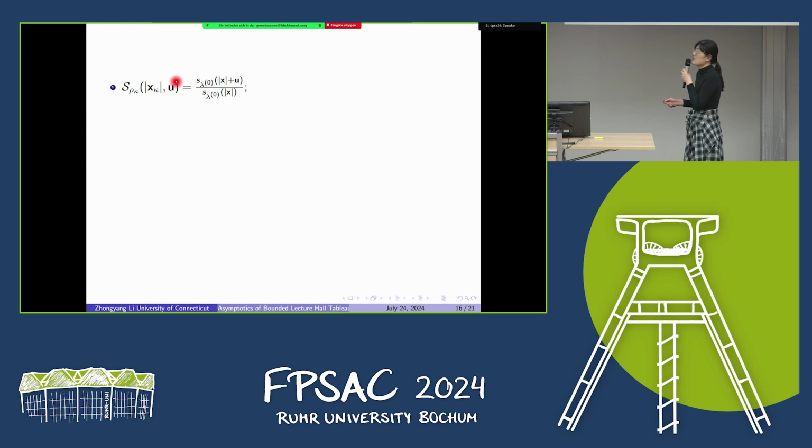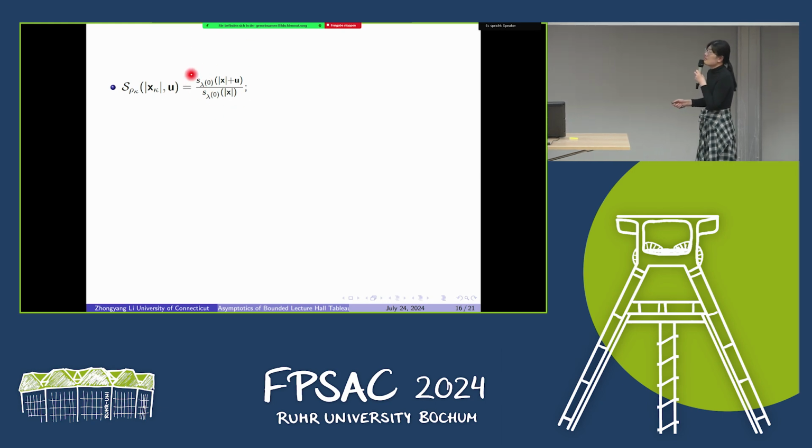By the Schur branching formula, we show that this Schur generating function is indeed independent of this level kappa. So at all levels kappa, the Schur generating functions are always the same. So the Schur generating function at an arbitrary level is the same as the Schur generating function at the bottom level. At the bottom level, the partition is λ0 with probability 1, so this is equal to s_λ0 of (x plus u) divided by s_λ0 of x.